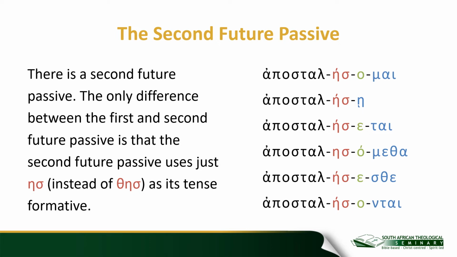We would have apostalēsomai, apostalēsē, apostalēsetai, apostalēsometha, apostalēsesthe, and apostalēsontai. So the only thing to remember for the second future passive is that the tense formative is ē instead of thēs.